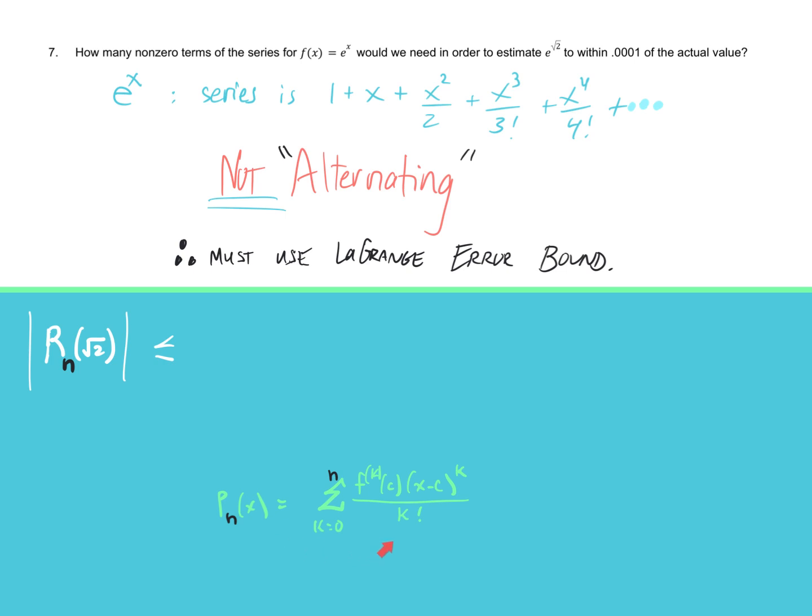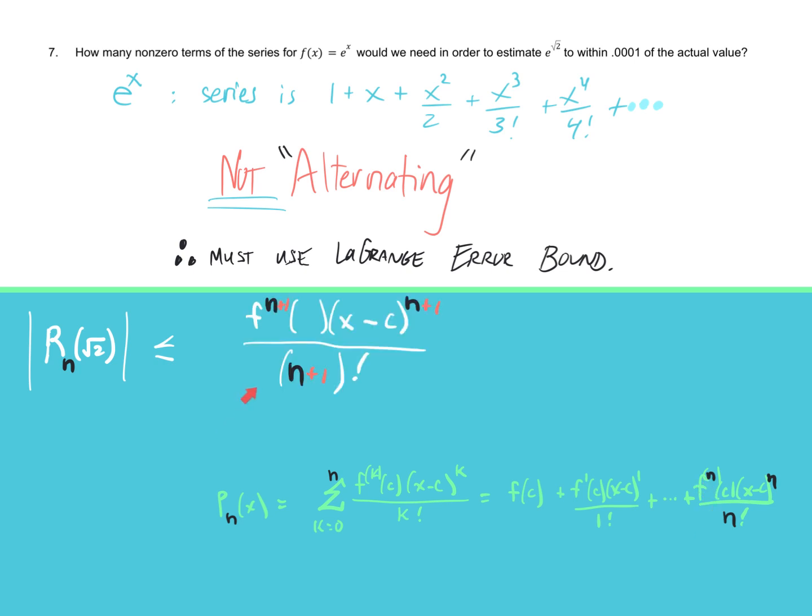The Taylor polynomial is generated by this formula, which generates these terms. When k is 0, this simplifies to f of c. When k is 1, 2 and 3 all the way to when k is n. So the first unused term is when this value is n plus 1. So this is the first unused term.